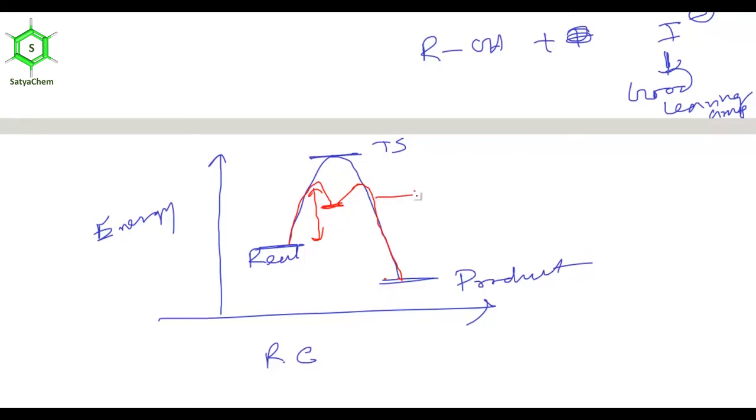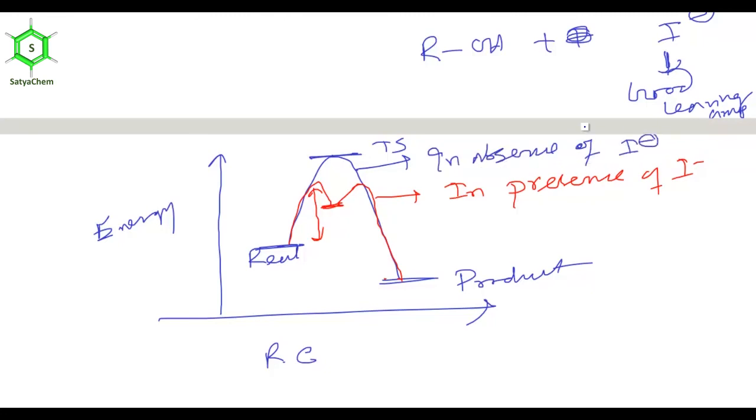So the red curve is in presence of I minus and the blue one is in absence of I minus. Clear? So that is why here I minus ultimately accelerates the reaction.